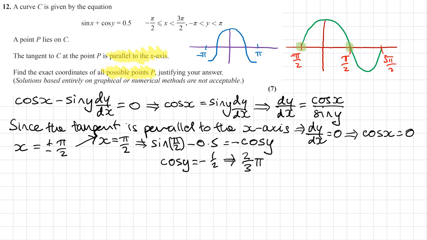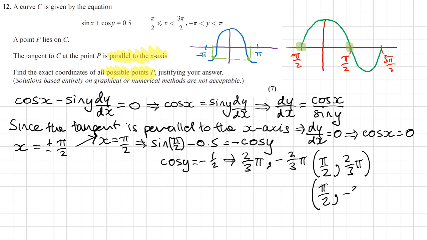So 2 pi over 3, maybe that's going to be something like this. So there's going to be another solution over here. Might be easier with a CAST diagram actually. So that's going to be negative 2 pi over 3. So let me write down the coordinates that I've got so far. Using the plus pi over 2, I've got a y coordinate of 2 pi over 3, and I've got another coordinate with pi over 2 this time, but negative 2 pi over 3.